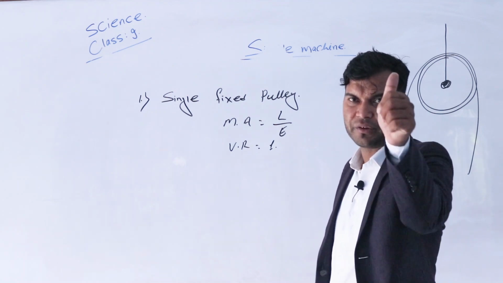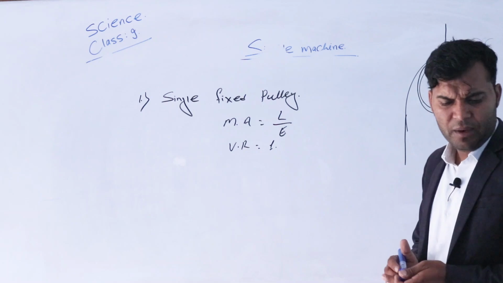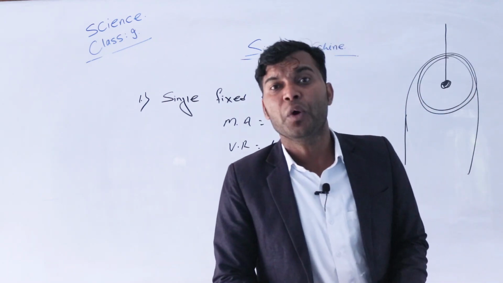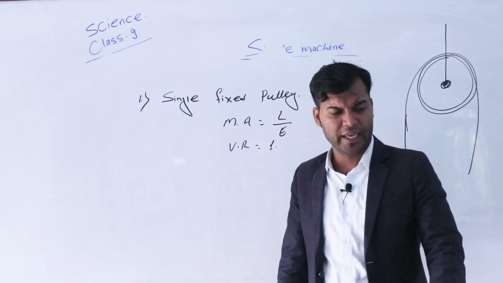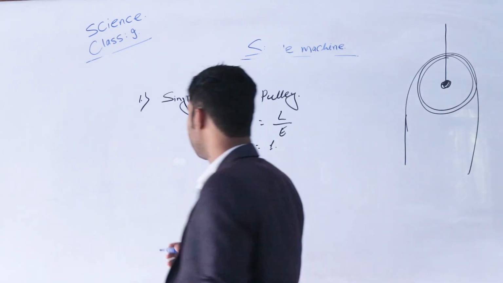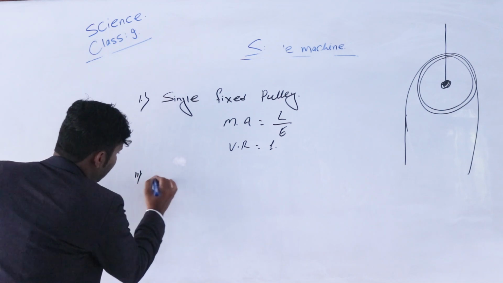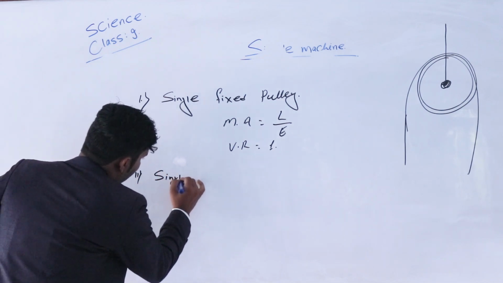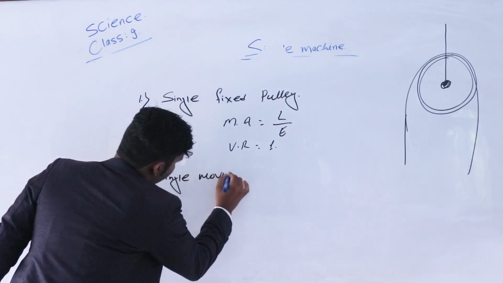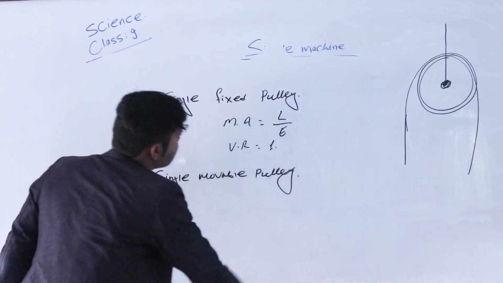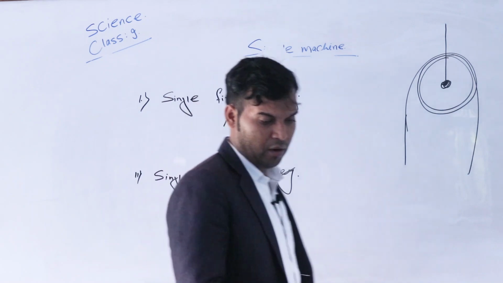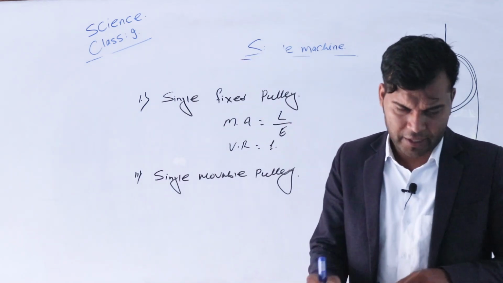Isn't it? Okay, good. Number 2, the single movable pulley. A pulley which moves up and down with the load. The second one is the single movable pulley.